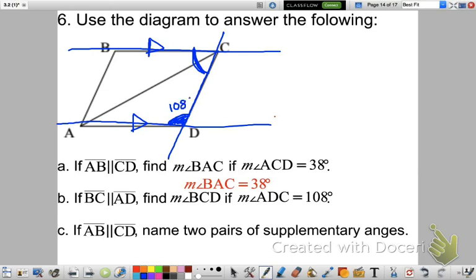So, what kind of angles are these? Hopefully you're thinking that these are consecutive interior angles. And consecutive interior angles are supplementary. So if we take 180 degrees and subtract 108 degrees, hopefully you will find that the measure of angle BCD is 72 degrees.